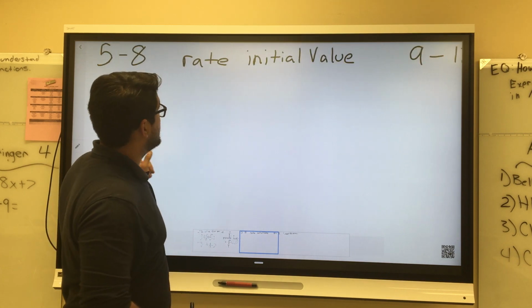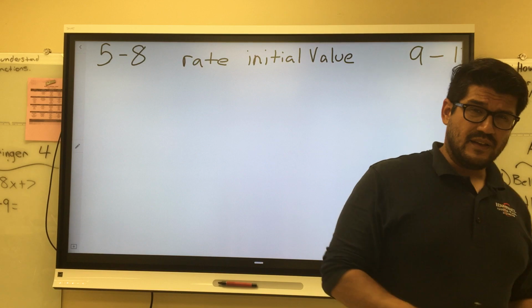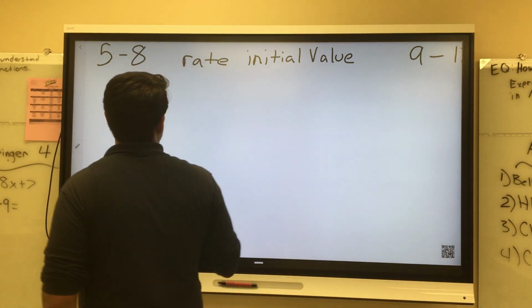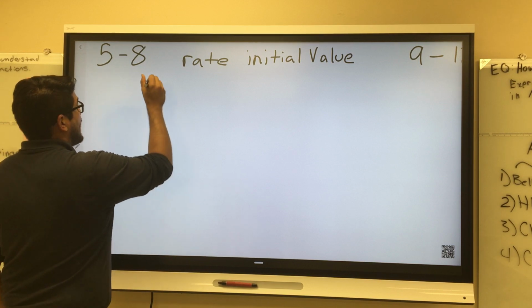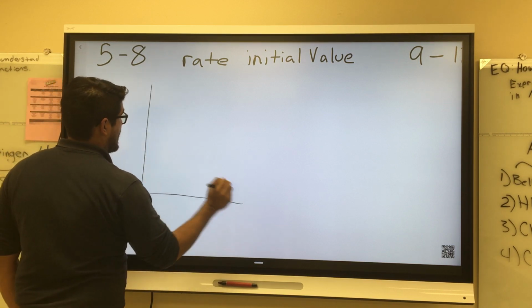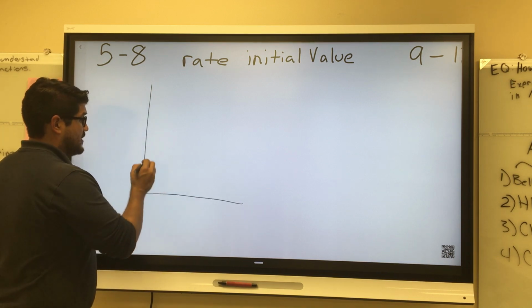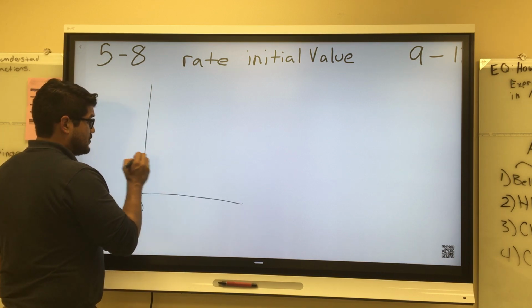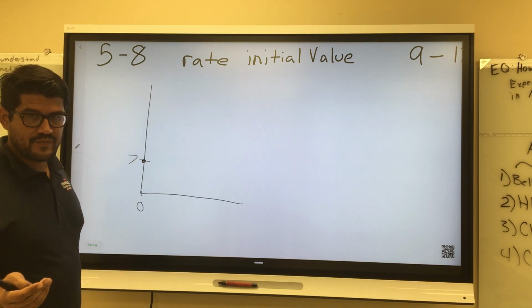All right, question 5 through 8 is the initial value or the rate. I'm going to show you the 3 different ways that you can do this. Now, for the graph, where it is at 0 is its initial value. So if it starts right here and here it says 7, the initial value is 7.